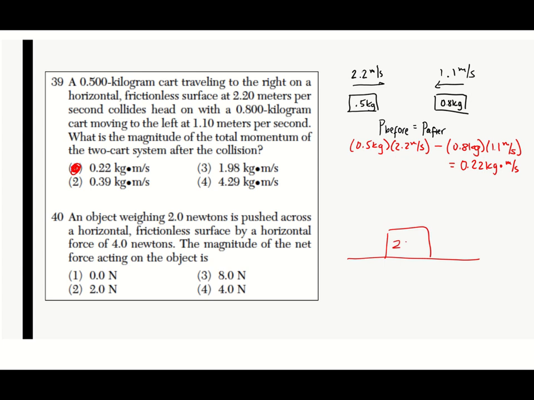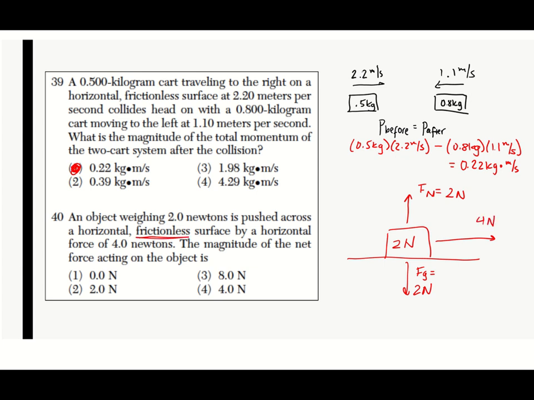2 newtons is the weight of the box, as well as the force pointing downwards, and the force pushing back up, called the normal force. So this is Fg, and then normal force is equal to the weight. And it's being pulled across with 4 newtons.